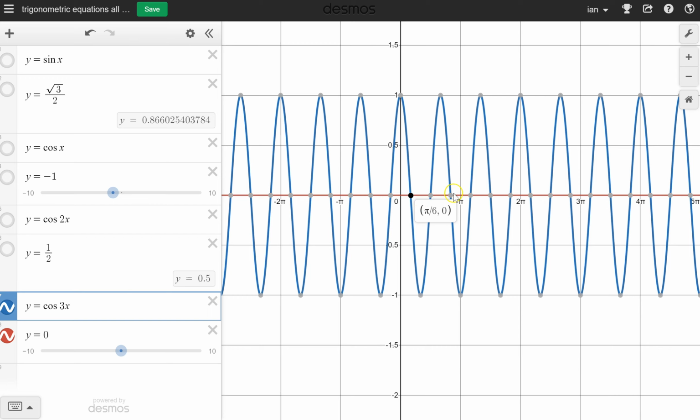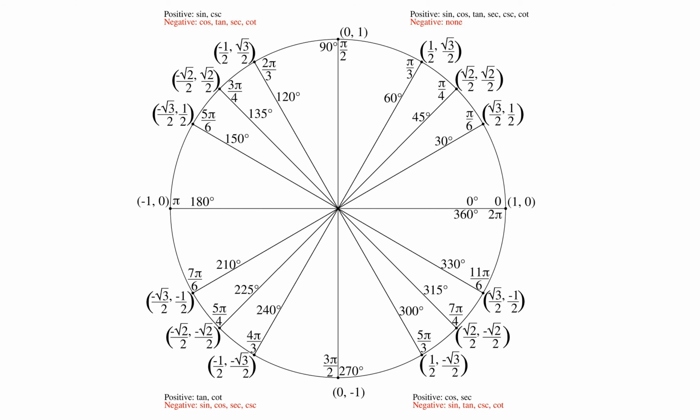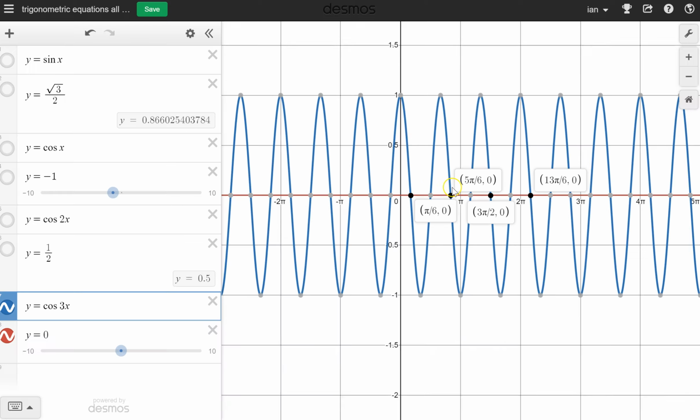So it's pi over 6, 2 pi over 3 away, 2 pi over 3 away, 2 pi over 3 away. So from pi over 2 to 3 pi over 2, and then 3 pi over 2 back to pi over 2, it's the same distance. So from here to here to here to here, it's always going to be the same difference. Even if you divide by 3, it's still exactly the same difference.